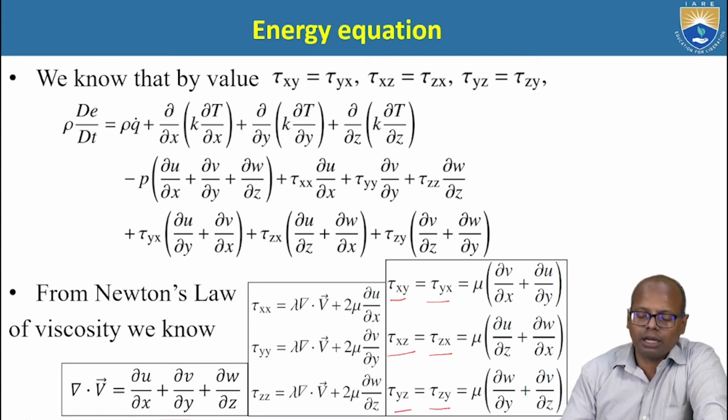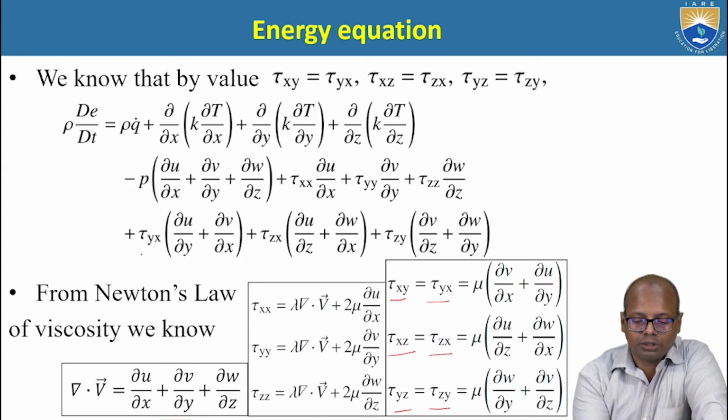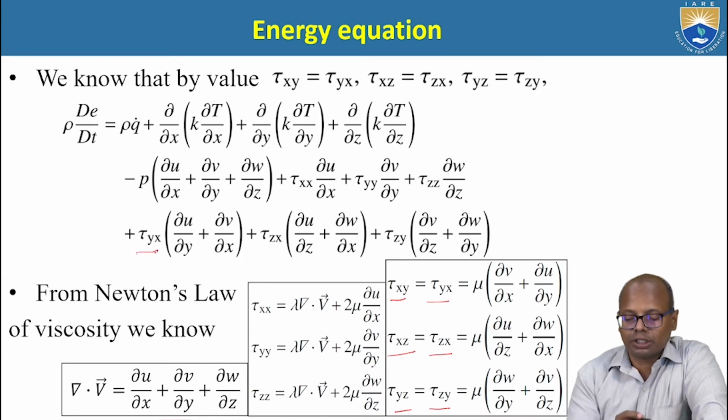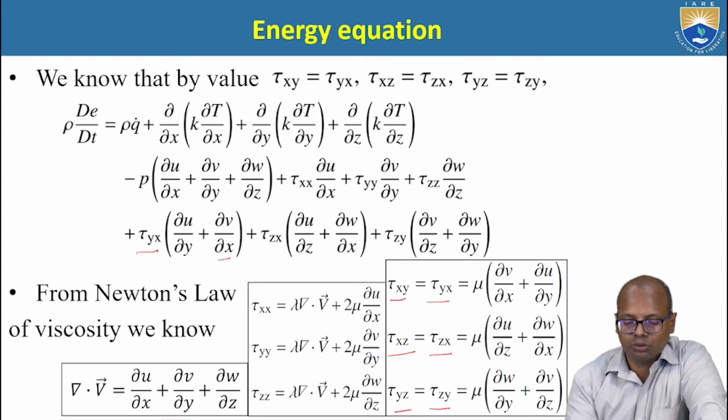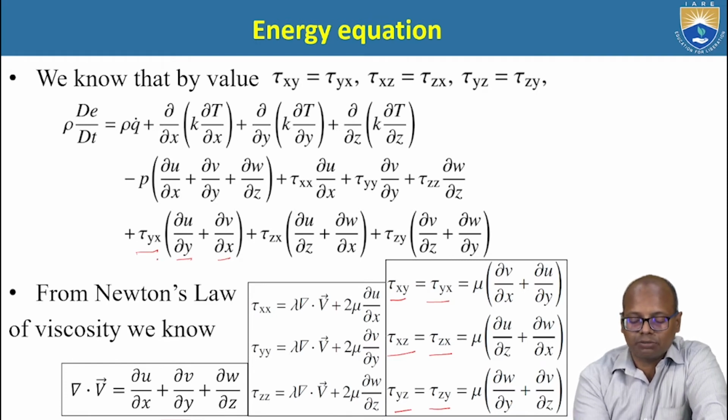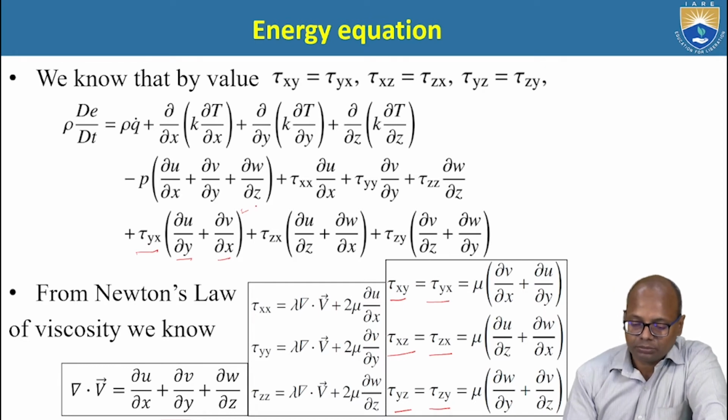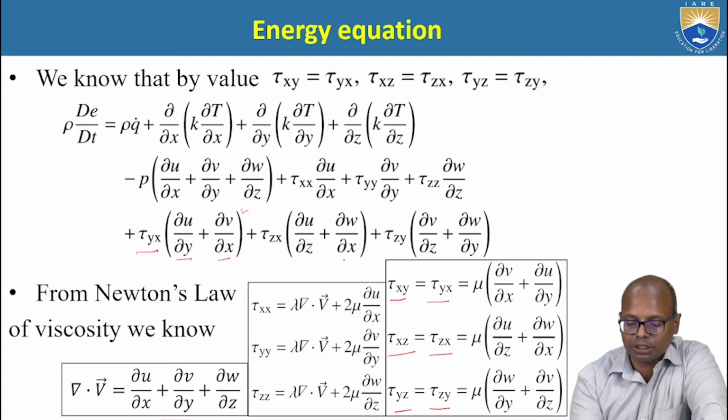Now what I have is tau yx. So the tau yx is equal to mu into dou v by dou x plus dou u by dou y. So the same term. If I substitute this, what happens? This will become square. So this is equal to this, so this will become square. Now similarly here, tau xz is equal to this term.